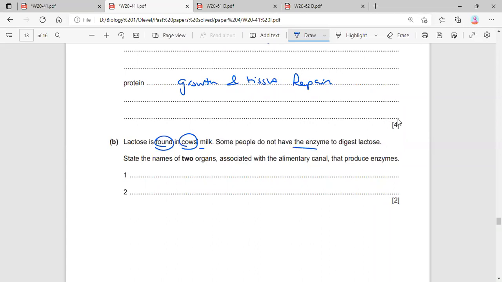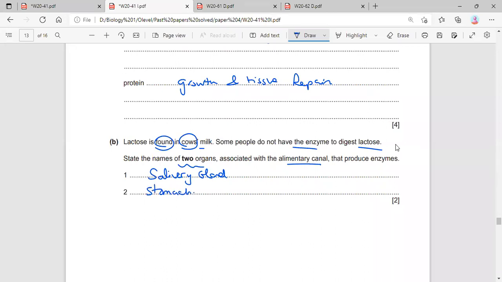Lactose is found in cow's milk. Some people do not have the enzyme to digest lactose. State two organs in the alimentary canal that produce enzymes. I have a lot of organs, starting from the salivary glands in the mouth. You do not say mouth because the mouth does not produce the enzymes. The salivary glands are the organ that produces the enzymes. Or I can say stomach produces pepsin.